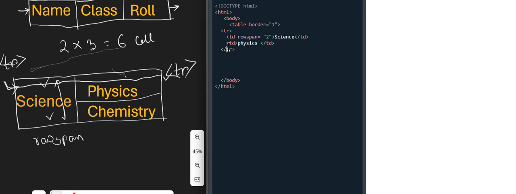So again, I'm going to explain where it started. The first table row started here, first science, afterward the physics, and table row done here, right? First table row completed here.